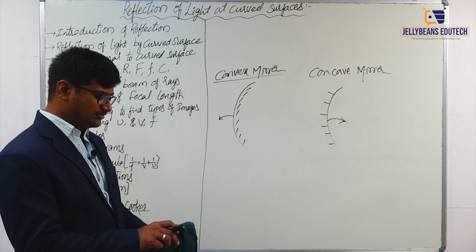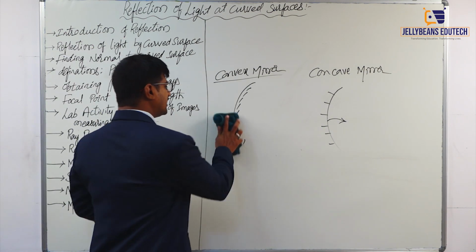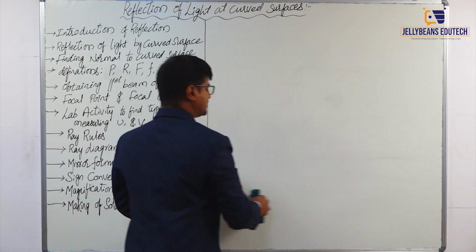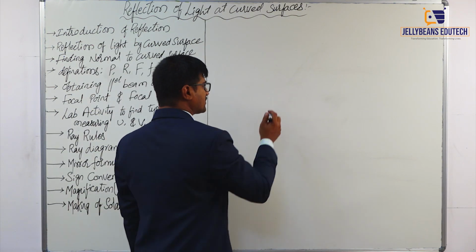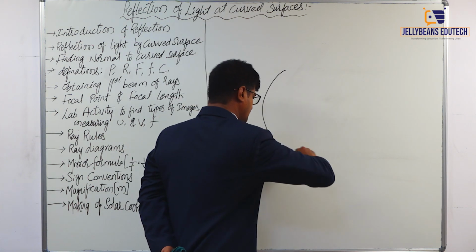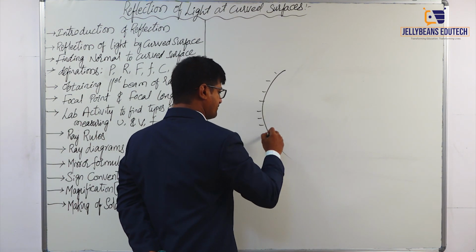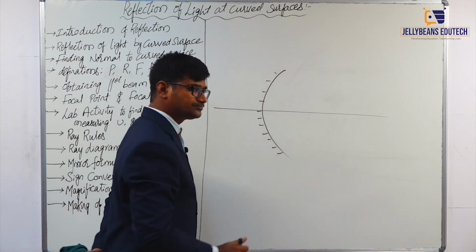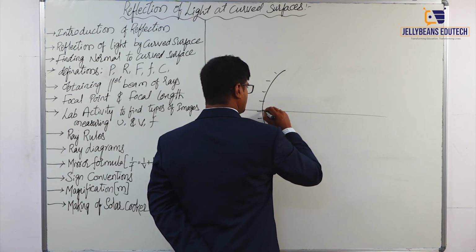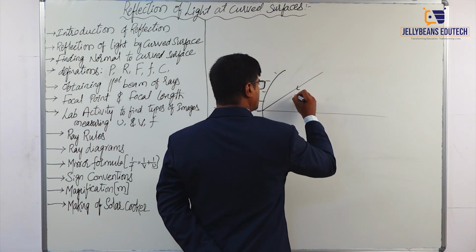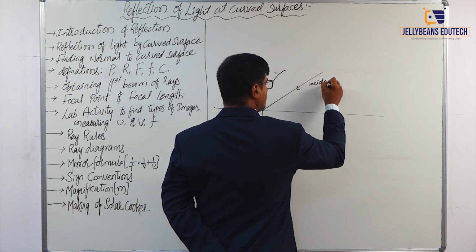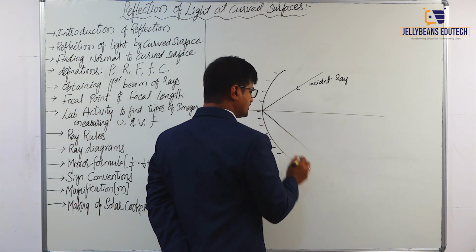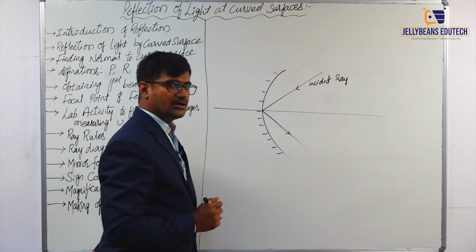Let us see a small diagram with which we can say that the light ray obeys the same laws of reflection. Here, if we consider a concave mirror, this is the incident light ray and this is the reflected ray.